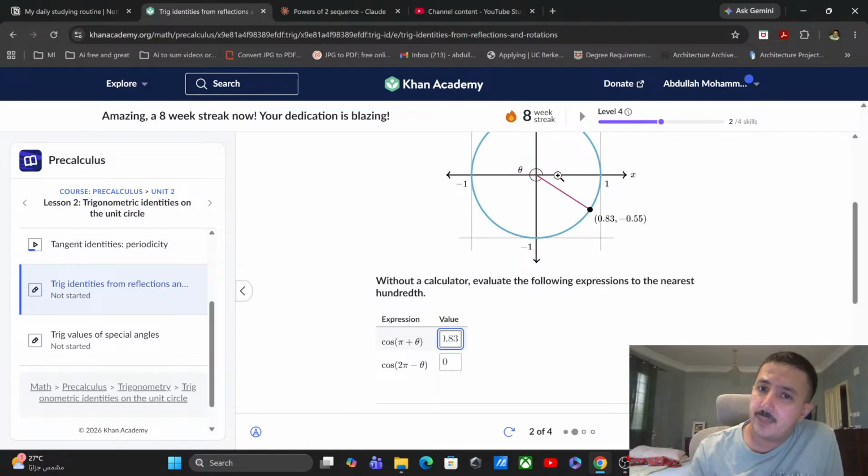Yeah, this is going to be here, which means that the cosine, which is the x, is going to be 0.83, because the y is 0, definitely.